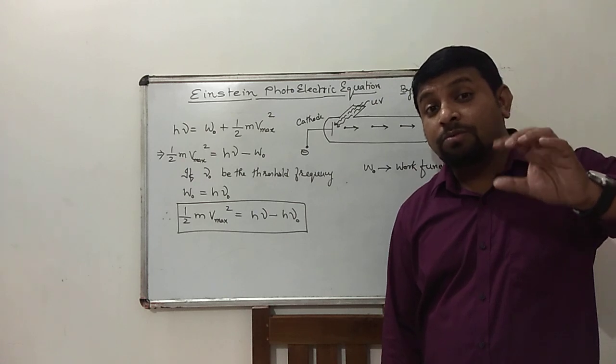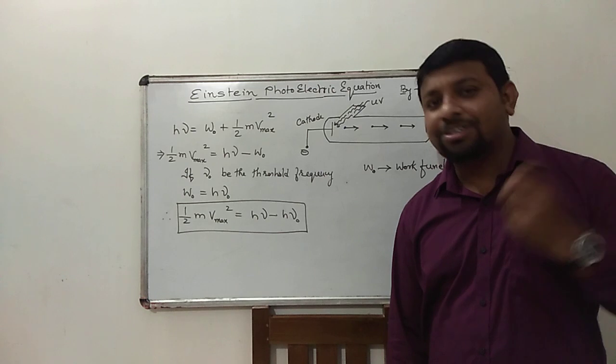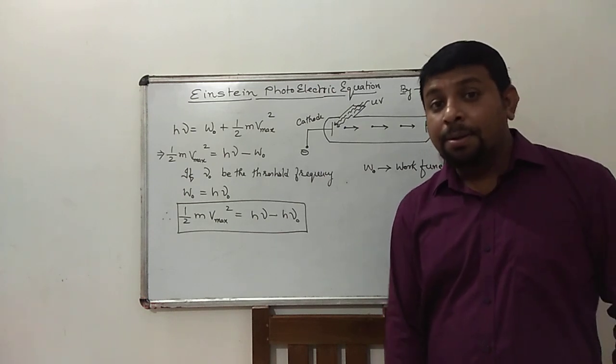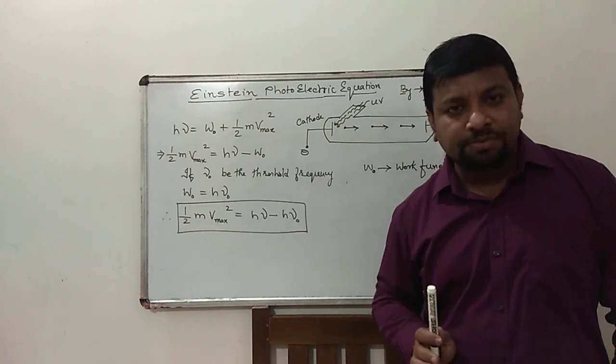the amount of work done due to stopping potential is equal to the maximum kinetic energy of the photoelectron.